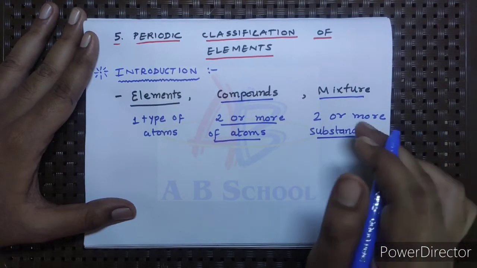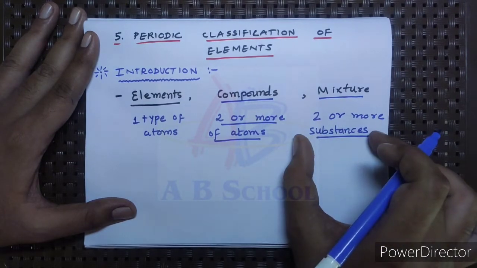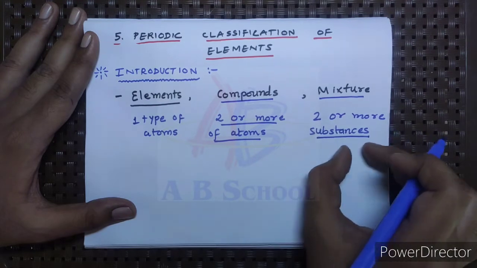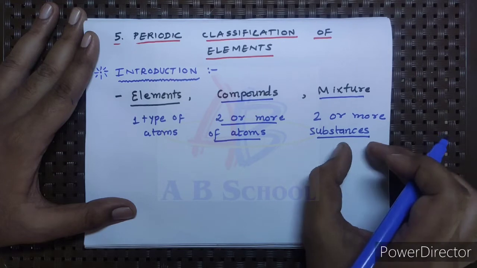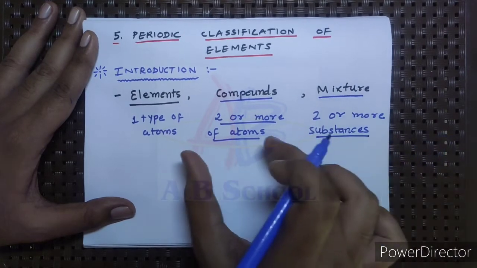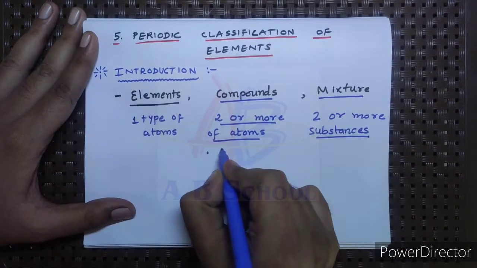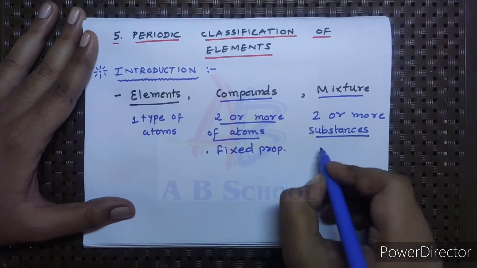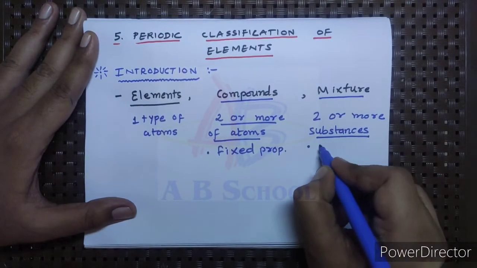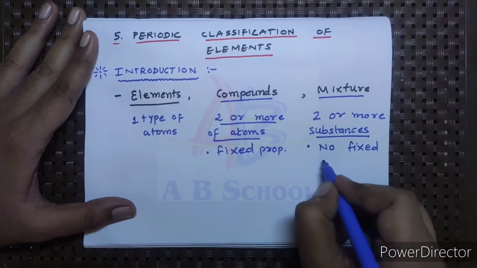But the difference between a compound and a mixture is that the substances present in a mixture are not attached to each other by any chemical bond, and their proportion is not fixed. While in a compound, you will find that two or more elements are attached in a fixed proportion. But here, there is no fixed proportion.